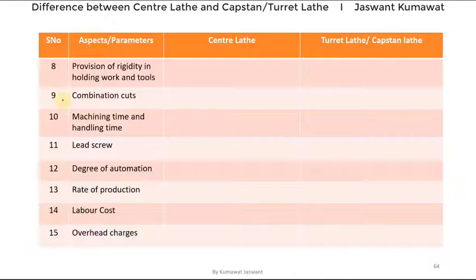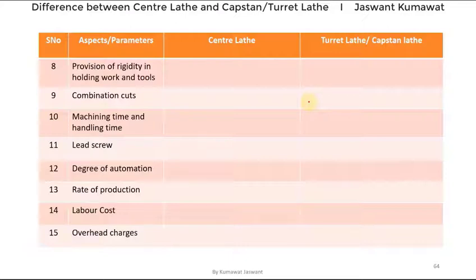Now ninth difference is based on combination cuts. As there is only a single cutting tool in the center lathe, we cannot have combination cuts. But in case of turret lathe or capstan lathe, as the tool holders for the hexagonal turret are equipped with a number of cutting tools, multiple cuts can be arranged by using the tool holders mounted on the hexagonal turret.